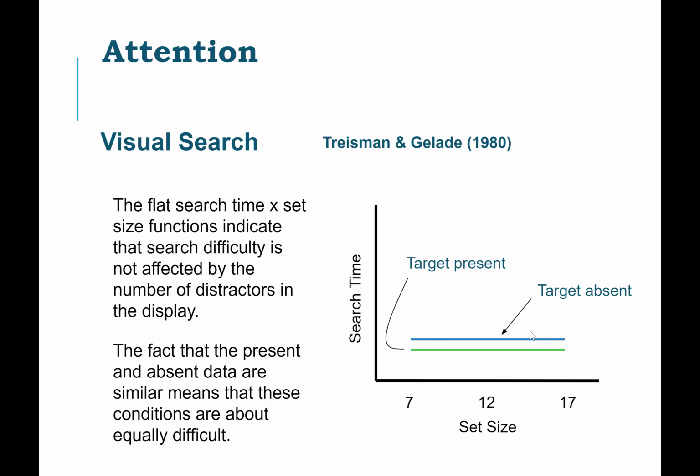The target absent is probably slightly longer, just because you want to make sure before saying absent, but it also stays flat when you add more objects. You could say that this behavior is like a parallel search behavior, meaning that you're processing all the objects in the scene at once. You're not really impacted by the number of objects. You're doing parallel processing.